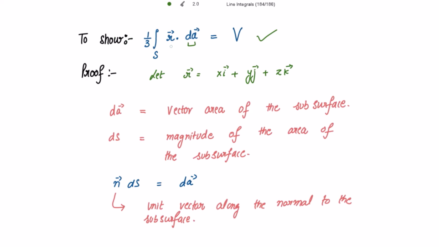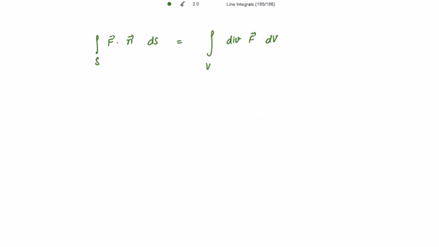Now here we are having dot product of r vector with dA vector, right? And here I am having n vector into dS. And we know that n vector dS is dA vector, that is the vector area, right? And for f vector, we are going to use the r vector, right?